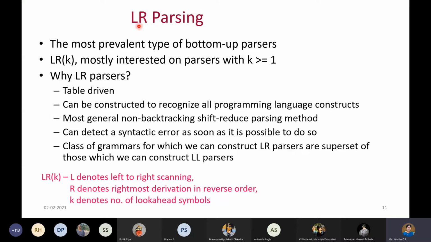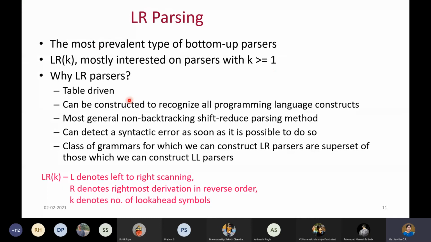And if you use brackets like this and put some number, that is the number of look ahead symbols. If it is 0, then we don't use the look ahead symbol. If it is 1, then we use one look ahead symbol. 2 means two look ahead symbols, and so on. Later we will see that the strength of the algorithm also depends upon the number of look ahead symbols.